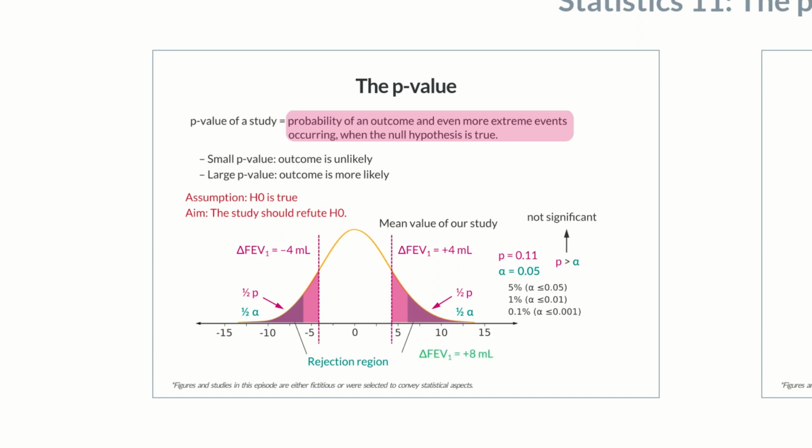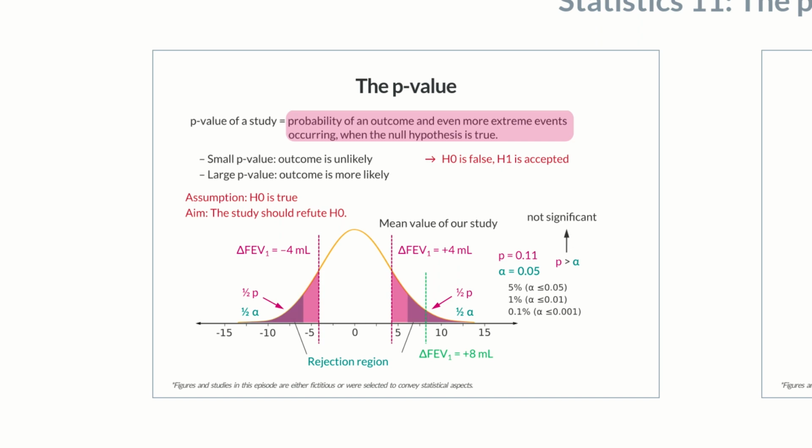In that case, the study result would fall in the rejection region. The p-value would have been lower than the alpha value, and therefore the study would be significant. So in summary, a low p-value means that the observed effect is unlikely to occur when the null hypothesis is true. We conclude that it's not true, reject it, and accept the alternative hypothesis.